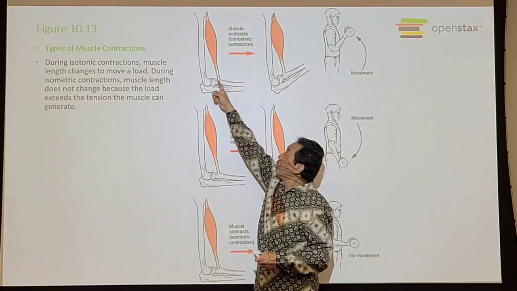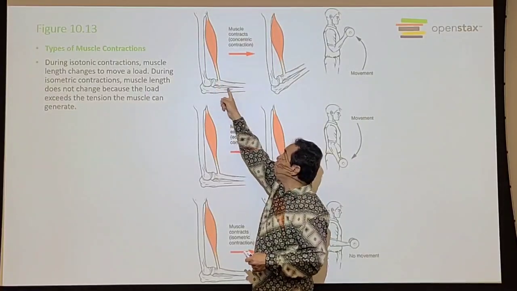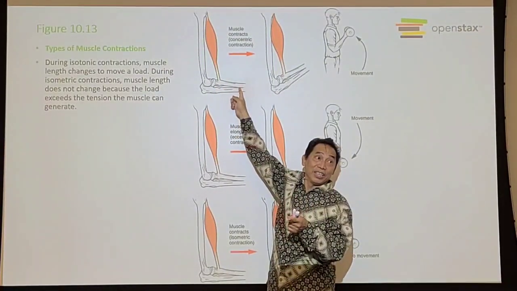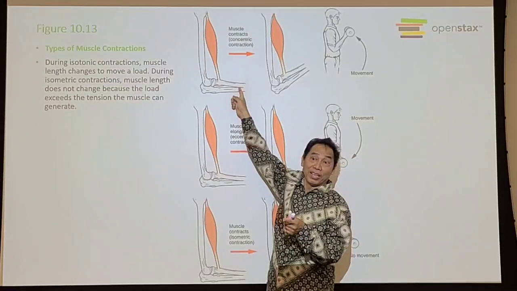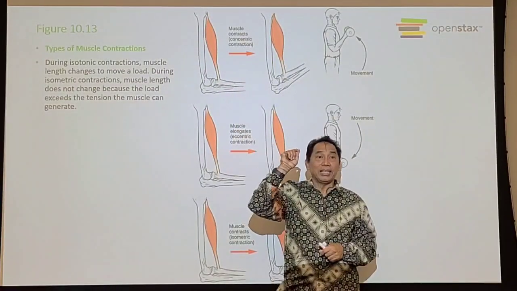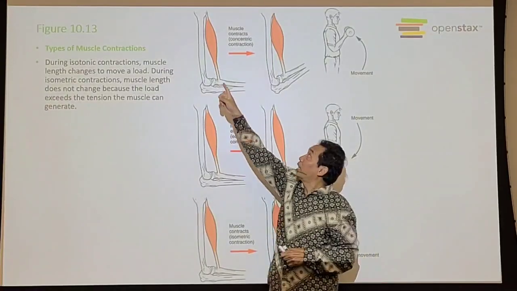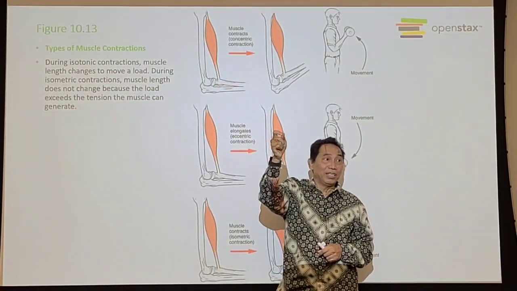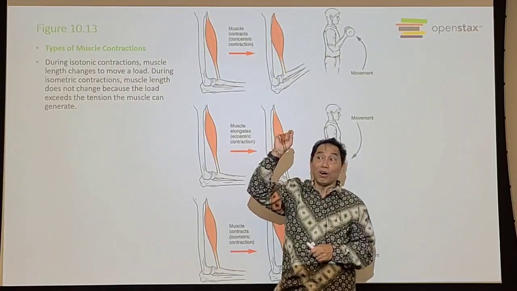So you see, the tendon that attaches to the moving bone is called the insertion. There's a special term for that one. The tendon that attaches to the bone that stays, not moving, is called the origin.